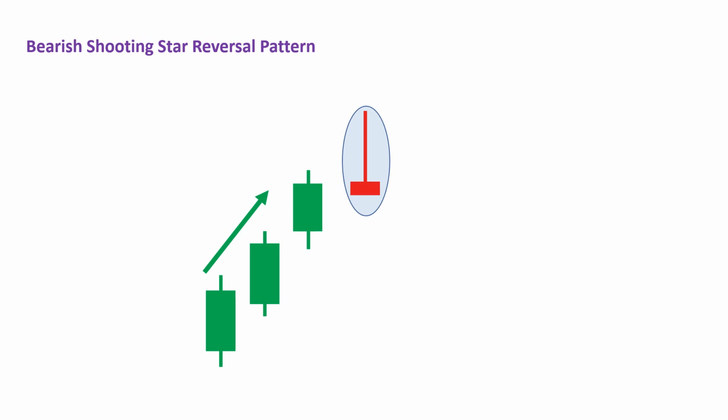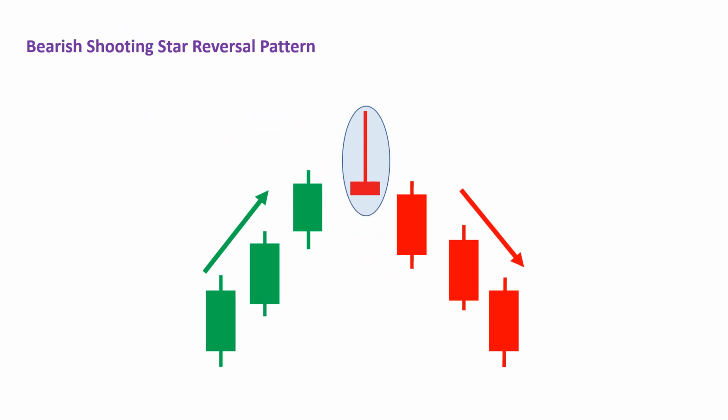It is characterized by a small body candlestick near the bottom of the overall price range with a long upper shadow or wick and little to no lower shadow. The long upper shadow of the shooting star suggests that sellers were able to push the price lower from its high, showing strength and selling pressure.